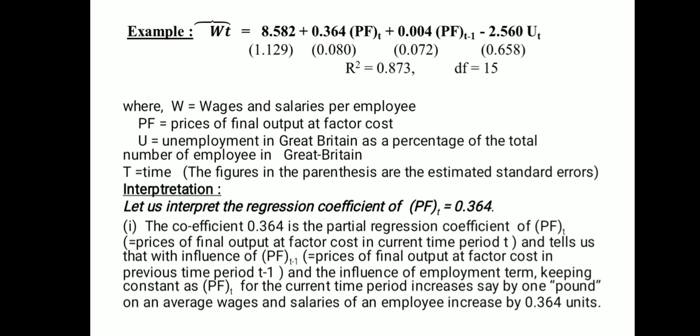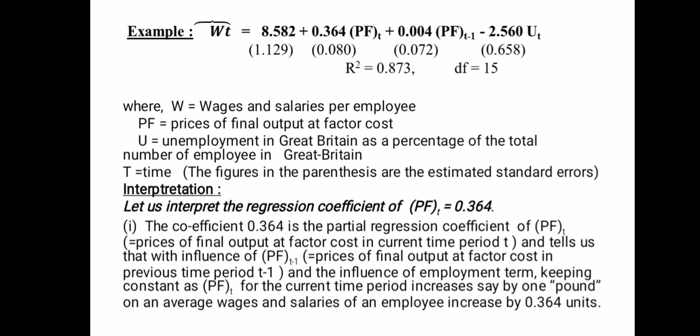U equal to unemployment in Great Britain as a percentage of the total number of employees in Great Britain. T equal to time. Those figures in the parentheses in this equation represent the estimated standard errors.